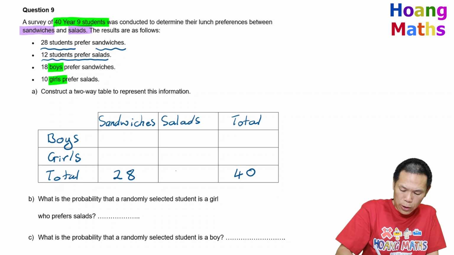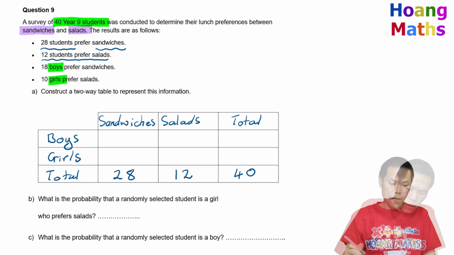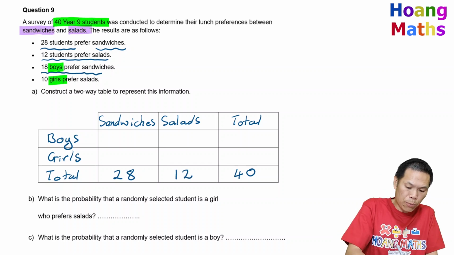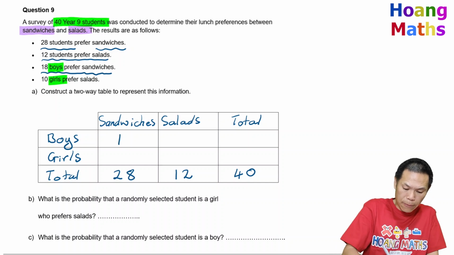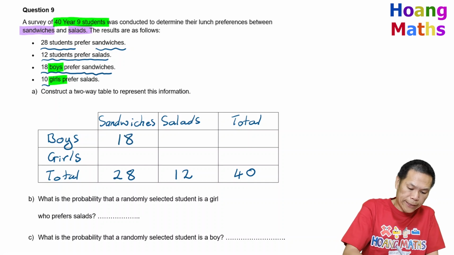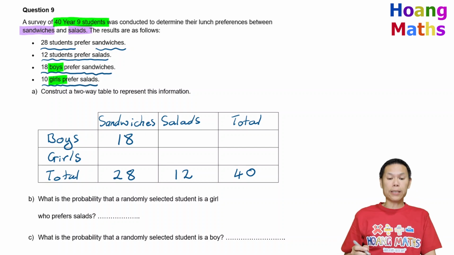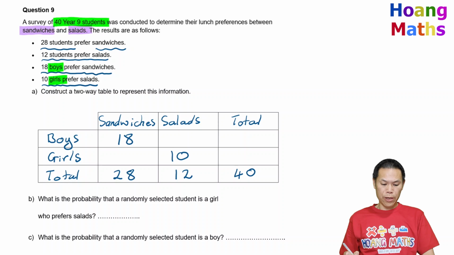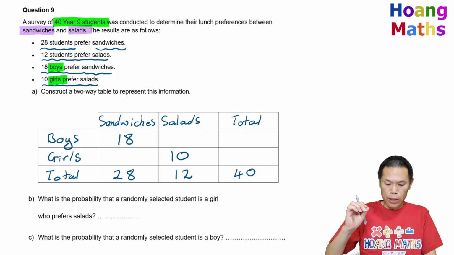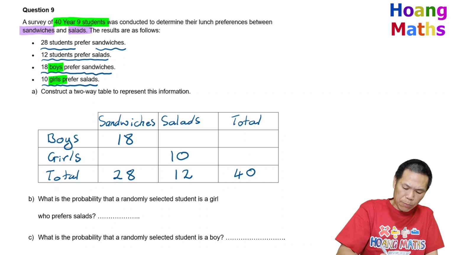So 12 students here. And we have 18 boys who prefer sandwiches, so 18 boys here. And we have 10 girls who prefer salad, so 10 girls here. So now we can fill up the box by finding this box first.